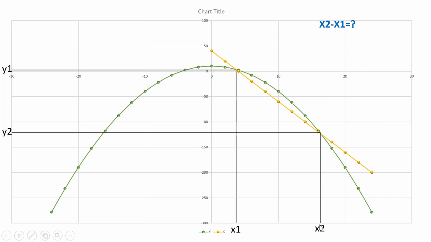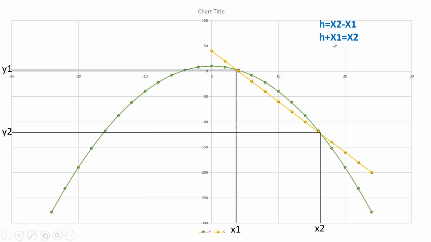Because x1 and x2 are numbers, when we take the difference, our resultant answer will be a number, and let's denote that number by h. So what we are saying is that h is a number because it's the difference of two numbers. So we are saying that h is equal to x2 minus x1.